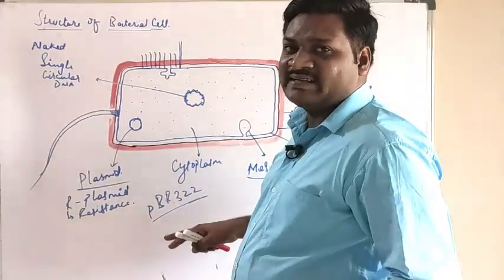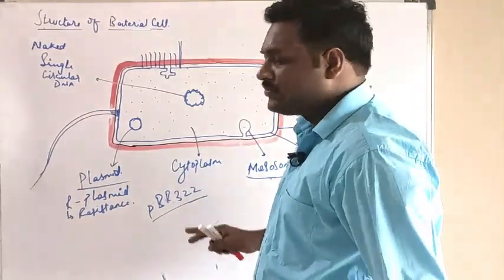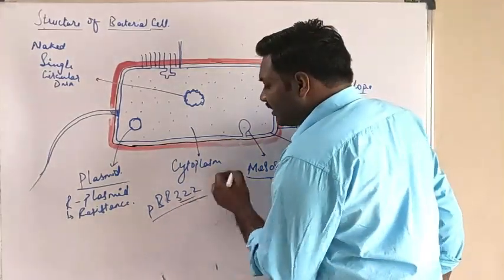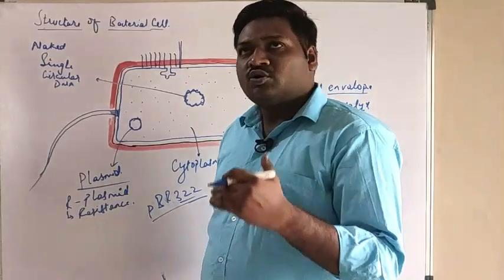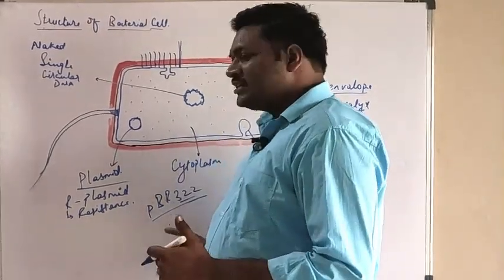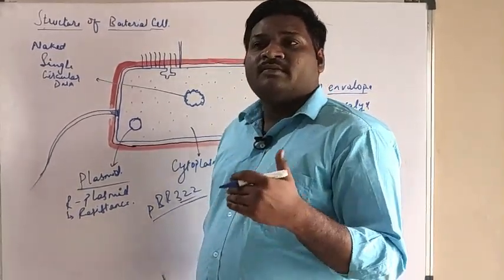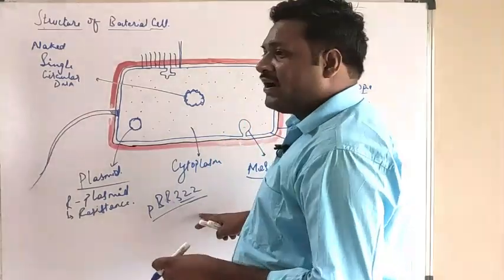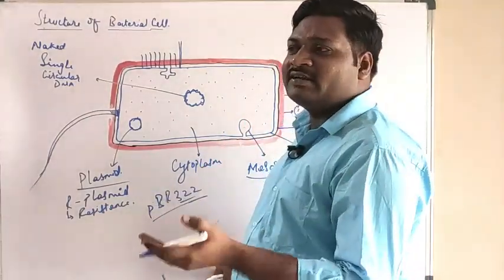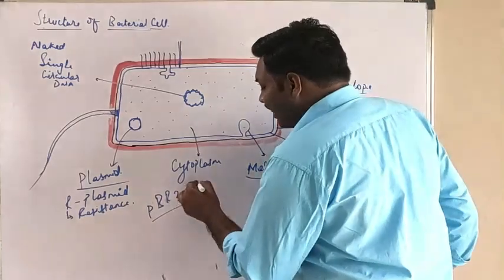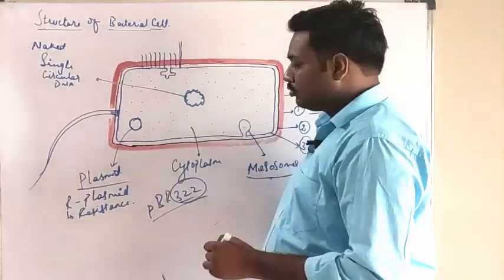This is the name of the scientists who invented this plasmid, and 322 is the order of discovery. It means he failed 321 times and succeeded at the 322nd time. So he gave the name PBR 322, right?